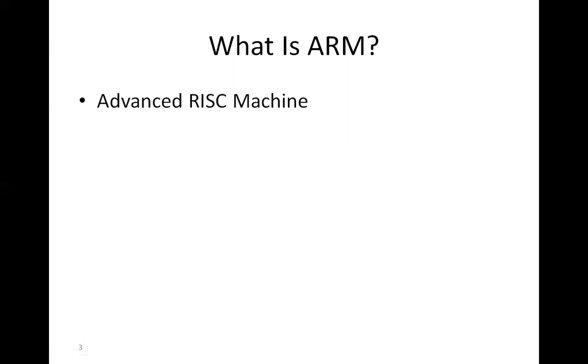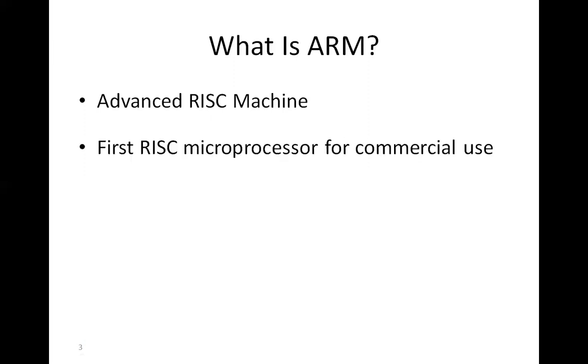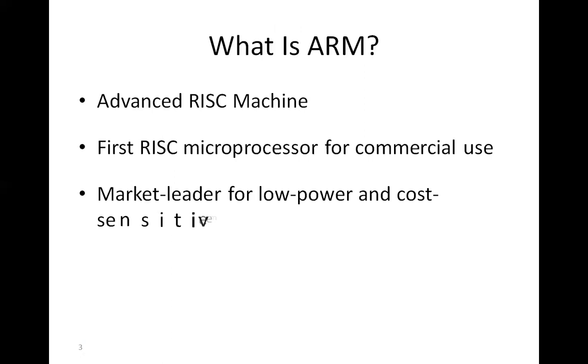Generally in earlier days it was called Acorn RISC Machine, but nowadays it is called Advanced RISC Machine. So this is the first RISC microprocessor used for commercial use.